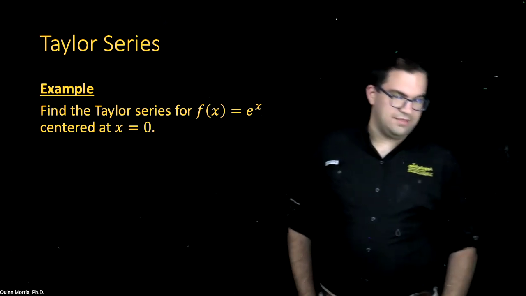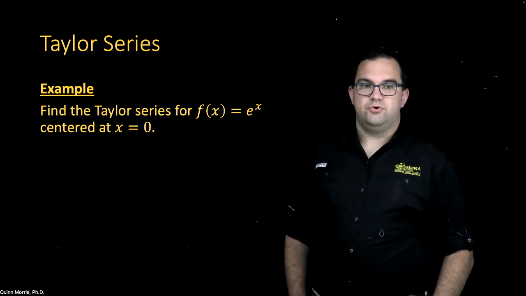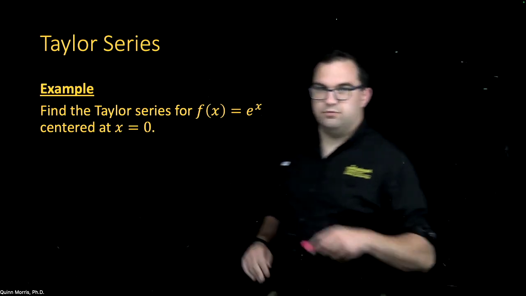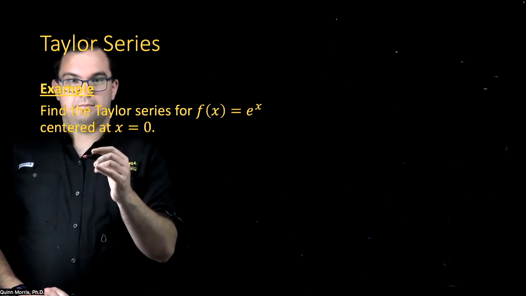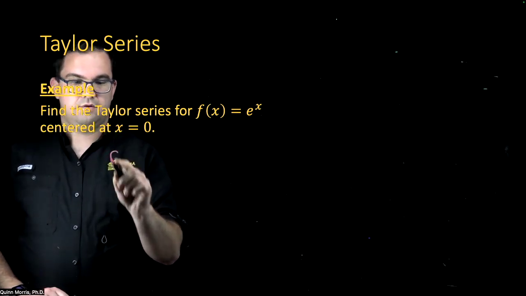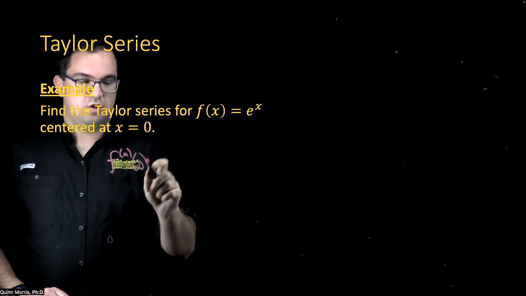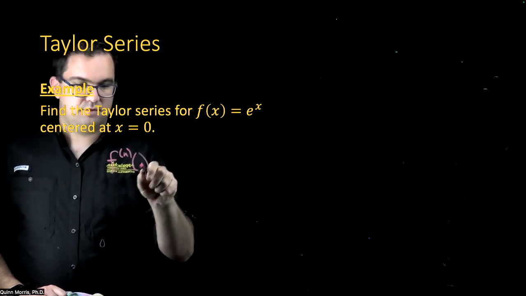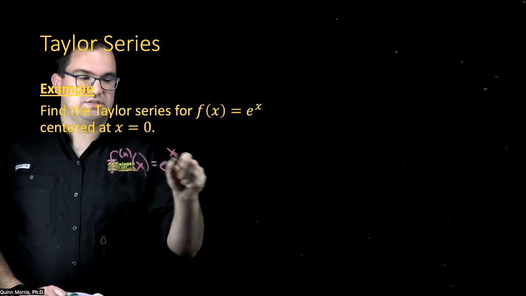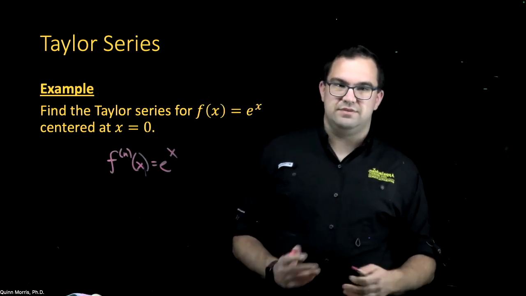So imagine you were asked to find the Taylor series for f of x is equal to e to the x centered at x is equal to 0. Now, one of the really nice things about exponentials is that all of the derivatives are e to the x. The function is e to the x, the first derivative is e to the x, the 72nd derivative is e to the x.